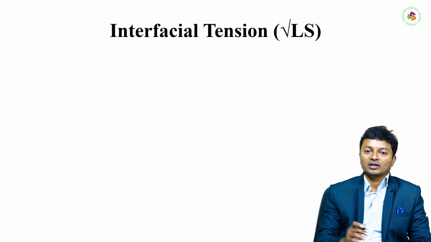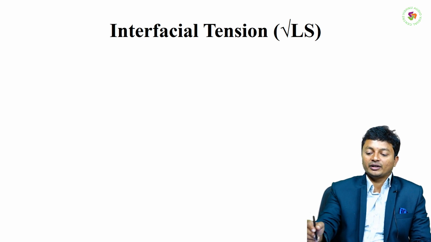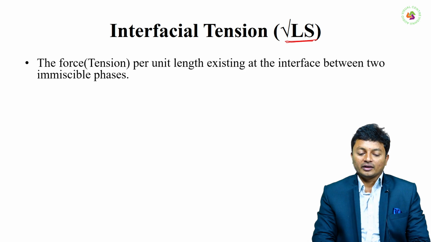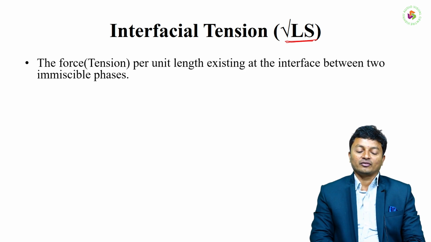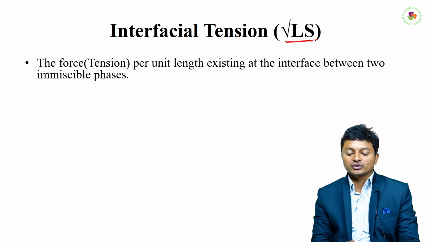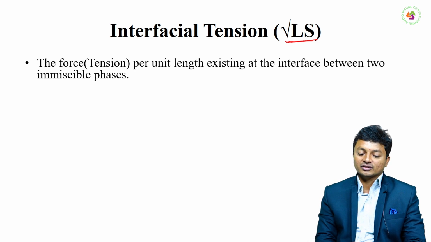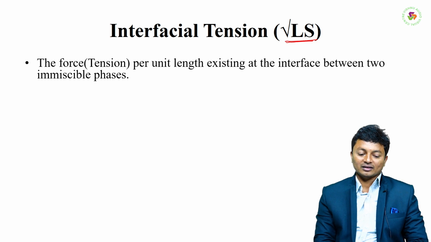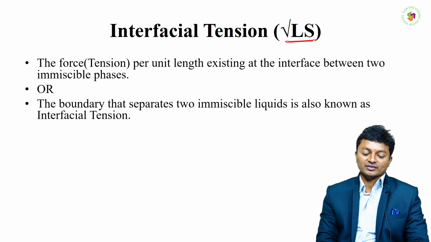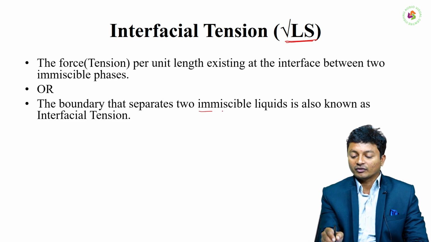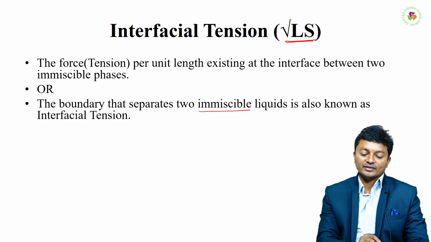Interfacial tension is denoted by gamma LS. Interfacial tension is defined as the force or tension per unit length existing at the interface between two immiscible phases. In other words, the boundary that separates two immiscible liquids is also known as interfacial tension.